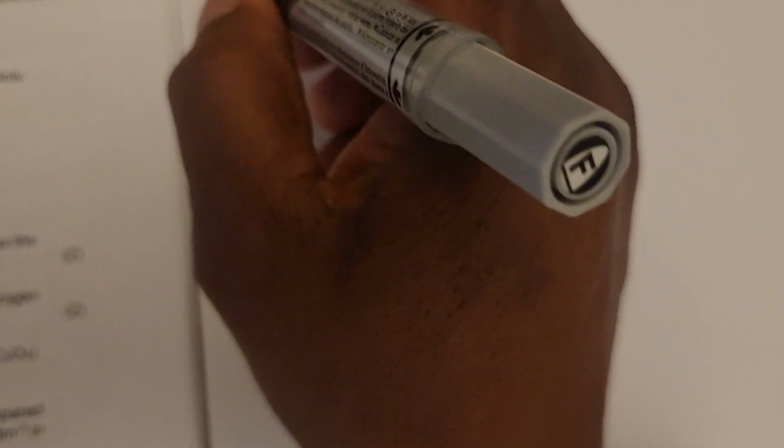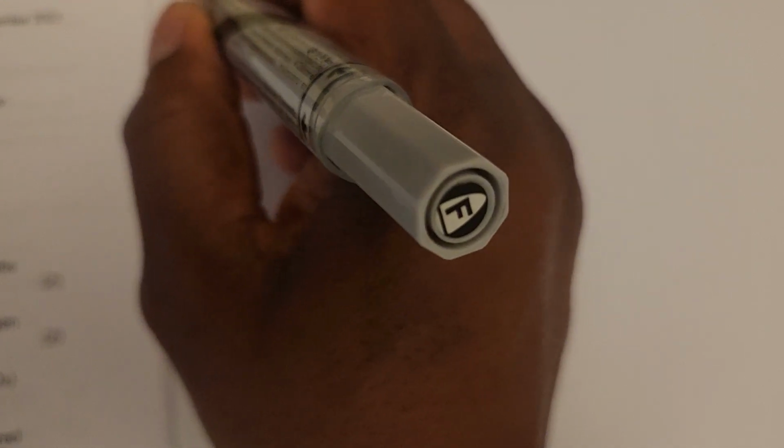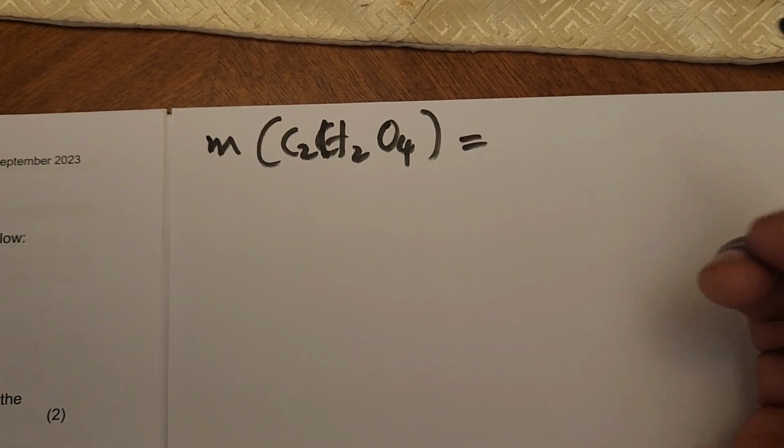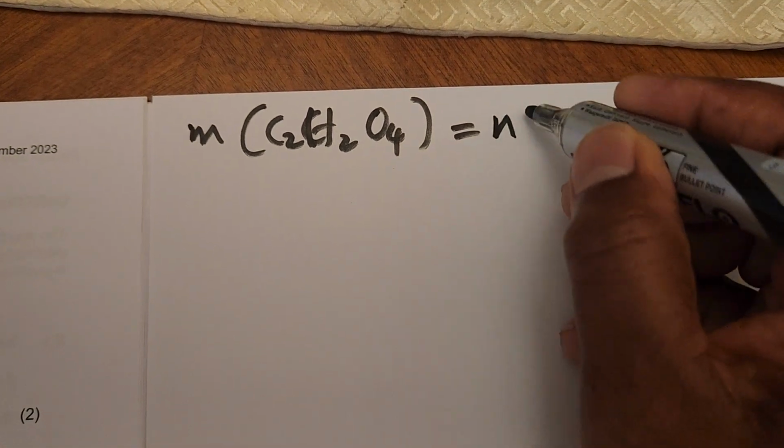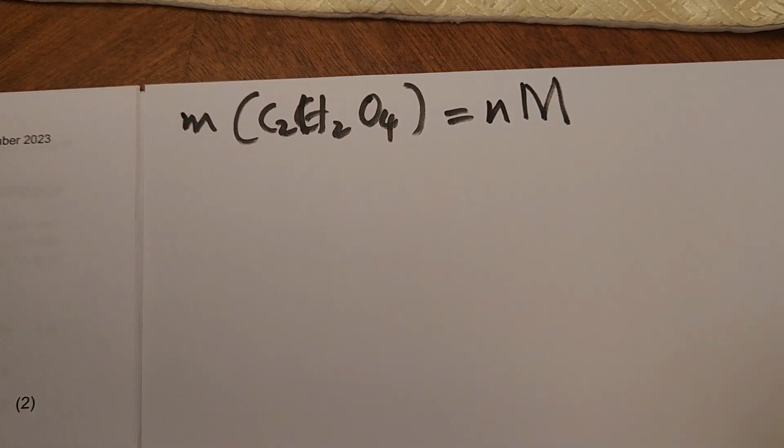Now from here we move to finding, with the mole, the mass of oxalic acid involved in the titration, which will be C2H2O4. The mass equals the number of moles multiplied by the molar mass, remember.